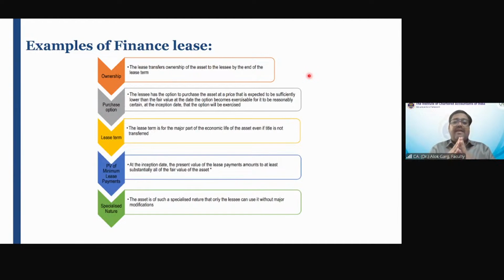Hemant is asking, sir, the asset will not be doubly counted both in the books of the lessee and lessor. Hemant, what I've explained now, when I was explaining the lessee and lessor accounting, the single lease model and this model, and when I was explaining that I have purchased an asset of rupees 2 crore. I have a flat of rupees 2 crore and I have given it on a 5-year lease to Rahul.